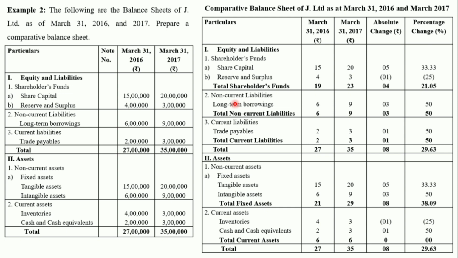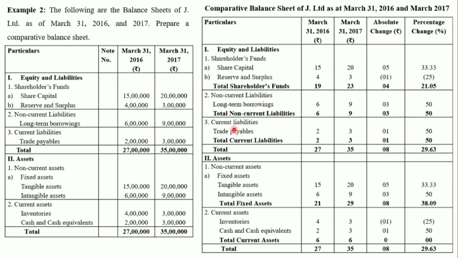Again, in non-current liability, we can see here long-term borrowing is 6 and 9, which means there is an increase in long-term borrowing by 3 lakhs, and in percentage form 50%. And total non-current liability is the same because only one non-current liability is given.